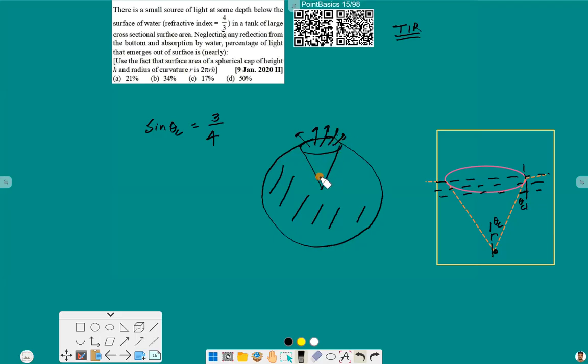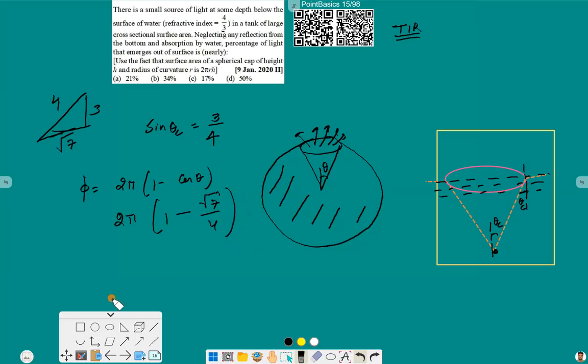If we know this angle theta, then using solid angles, we can convert it. Solid angle of the cone, suppose that is phi, will be equal to 2 pi into 1 minus cos theta. And since sine theta c is 3 by 4, making a triangle, this is 3, this is 4, so this will be 16 minus 9, that is root 7. So cos of theta here will give 1 minus root 7 by 4.